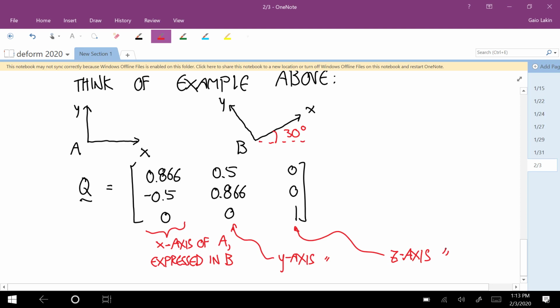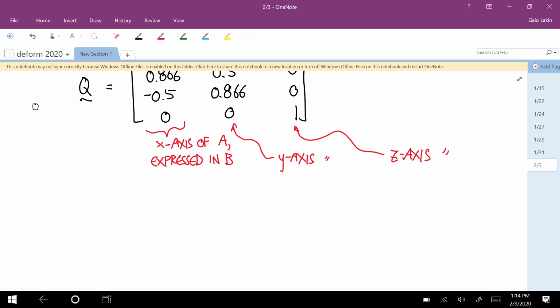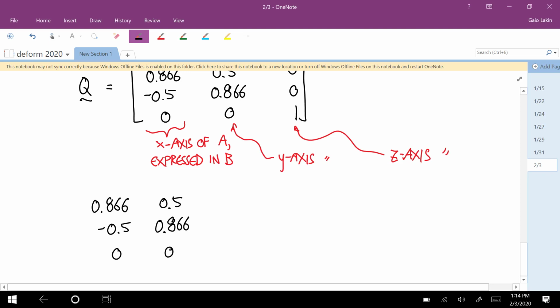Okay, so now we're going to multiply this matrix times 0.866, negative 0.5, 0, 0.5, 0.866, 0, 0, 0, 1.